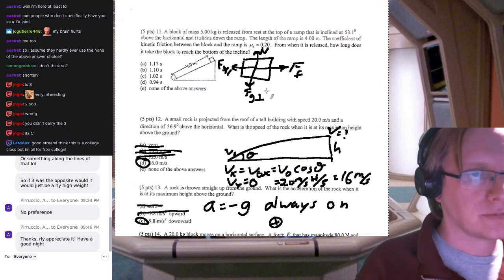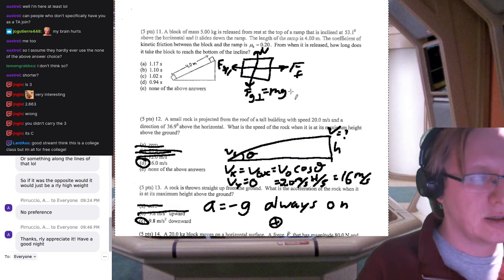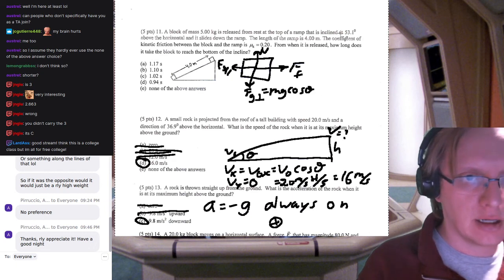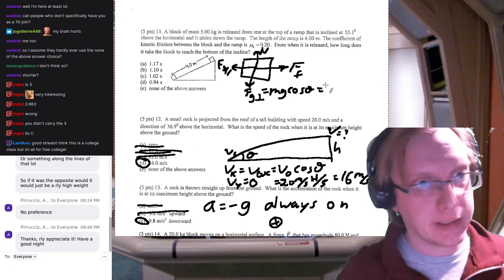All right. So let's start out with this one here. We have mg and then the cosine theta. Go ahead and punch that in the calculator.